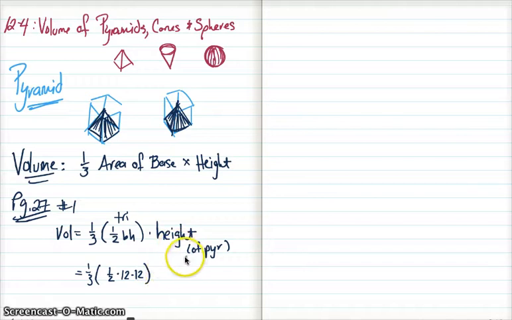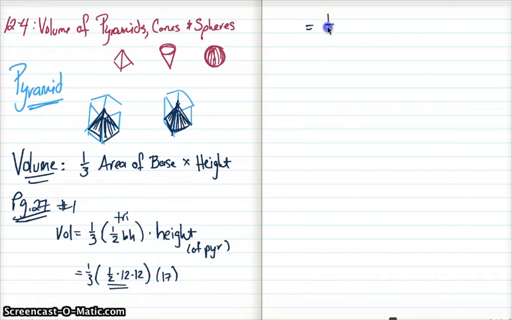The height of the pyramid itself is 17 inches. Before I just go ahead and calculate this using my calculator, let's simplify this a little bit. Half of 12, you can do that in your head. That is 6. And then you can do 6 times 12 in your head. Remember, 6 times 10, 60. 6 times 2, 12. That would give you 72.